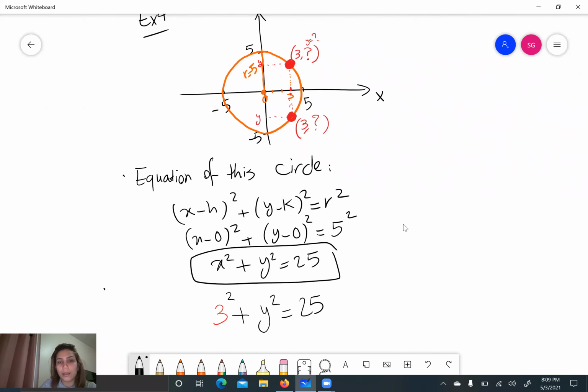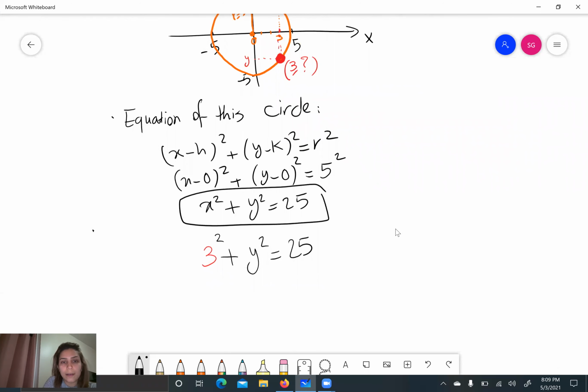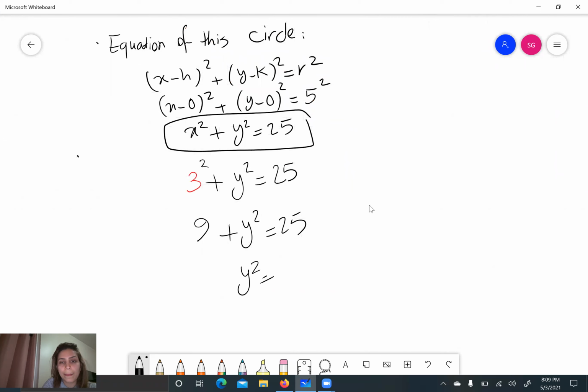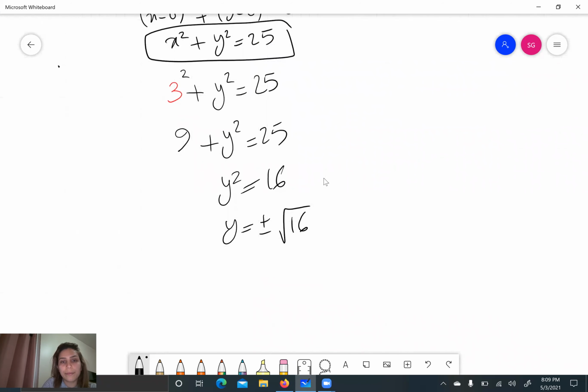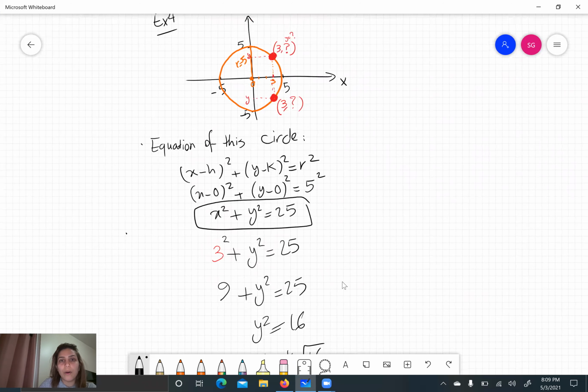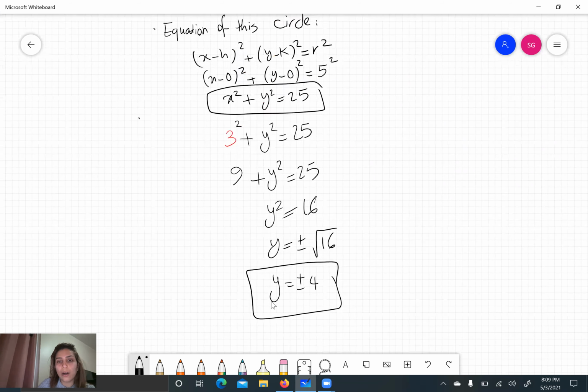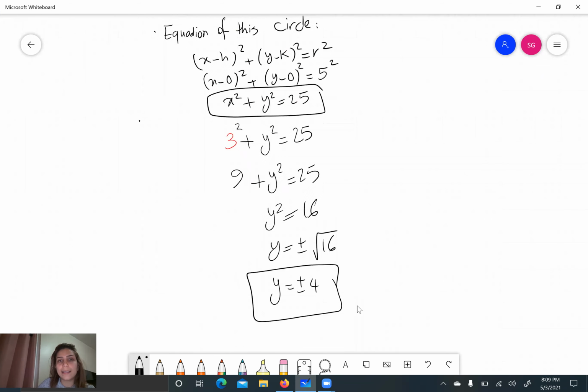The rest is algebra. So 3² is 9, so y² is going to be 16. So y is going to be ± the square root of 16, which is ±4. That's why we have 2 points on the circle. There are 2 y values, positive and negative 4.